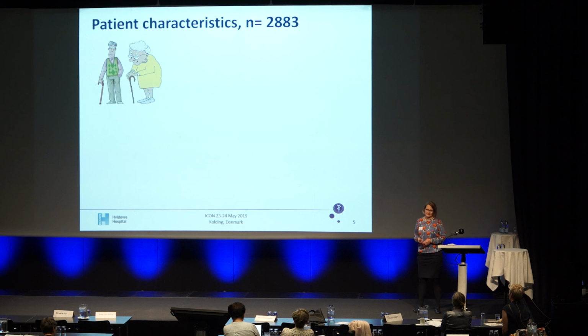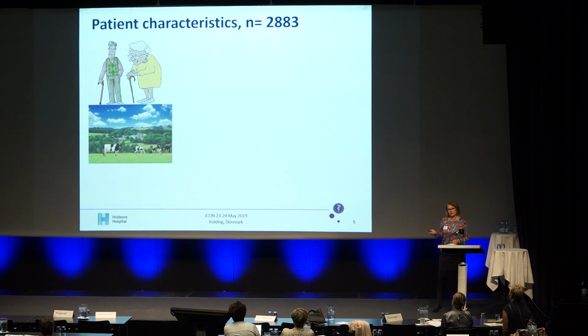And what we could see is that the majority of the patients are men. About 60% of them are men, and they have an average age of 69, and the majority are married. The majority of them are also suffering from diabetes. The women are above 10 years older, and the majority are living alone, and they are widows.